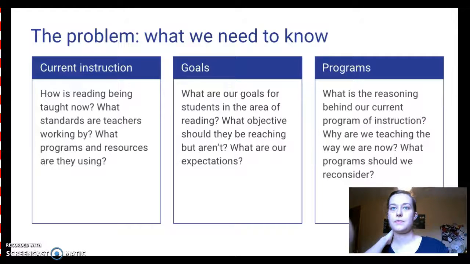And then I wanted to know more about the programs, maybe the reasoning behind our program of instruction. Is it just outdated, or are we using ineffective technology, or what? And just why are we teaching the way we are now, and what program should we consider? So those are just some questions I had.